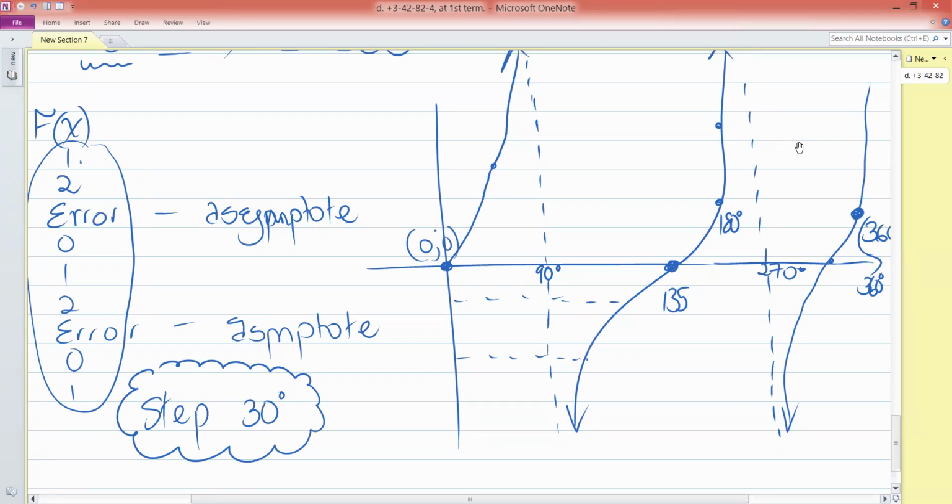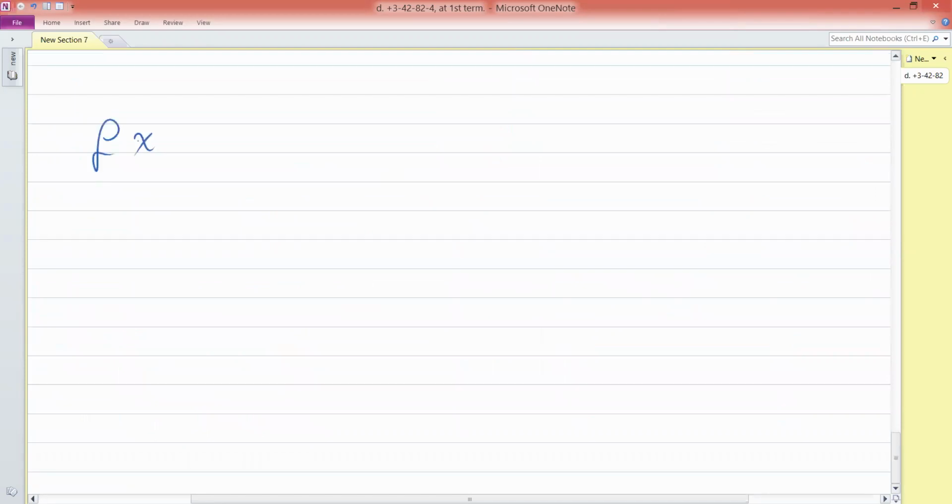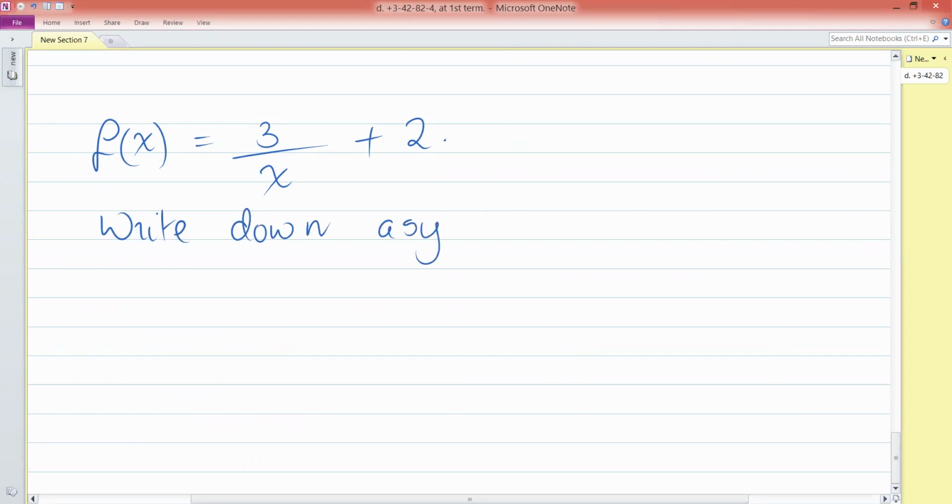Right, let's see. Okay, so asymptotes we know already, axes of symmetry. Quick recap. Let's say you have the following hyperbola. Write down the asymptotes.